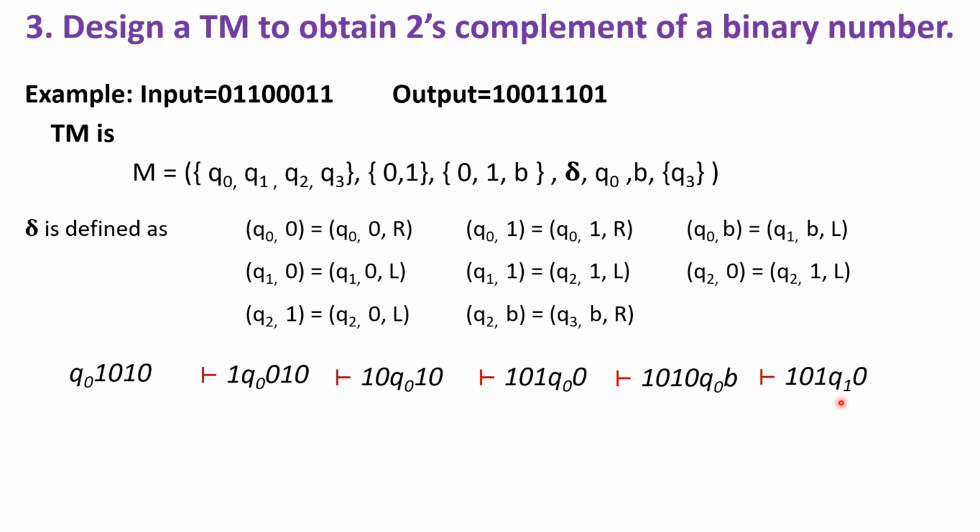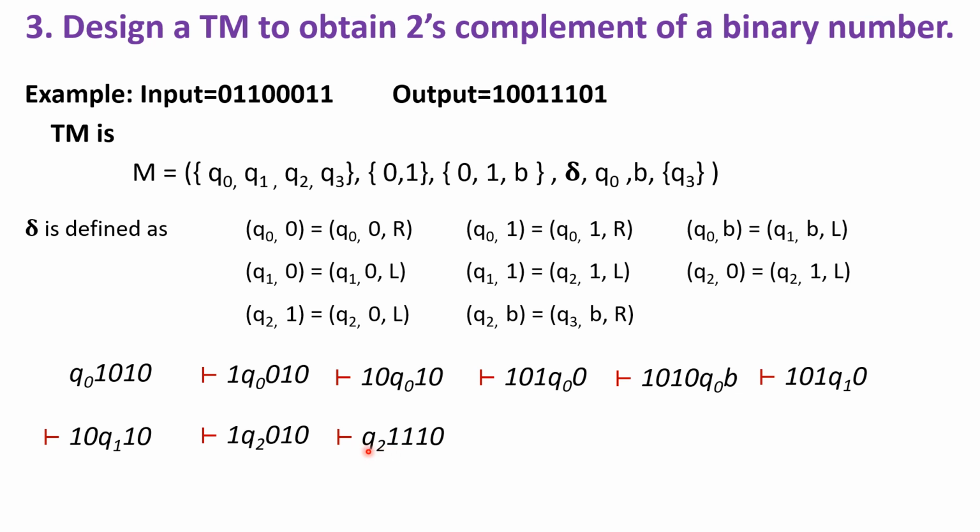Now Q1 is pointing to 0. So if Q1 is pointing to 0, keep the 0 as it is, move towards the left, be in the same state Q1. Q1 1, it means this is the first rightmost one. So that one also must be kept as it is. Change the state from Q1 to Q2, move towards the left. Now Q2 0, 0 is replaced as 1.